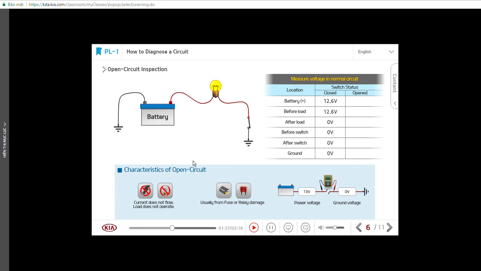You can see that the load is operating normally, and the power is used up by the load. Next, we will open the switch to create a disconnection, and then measure the voltage.